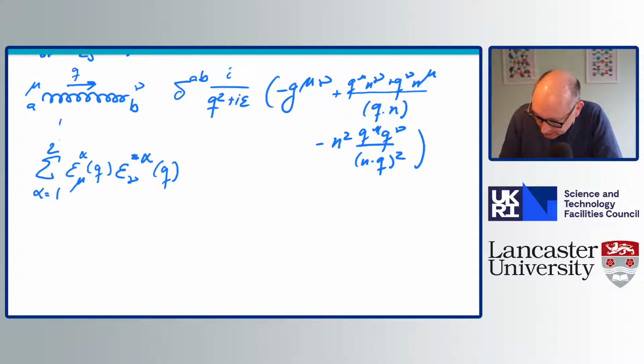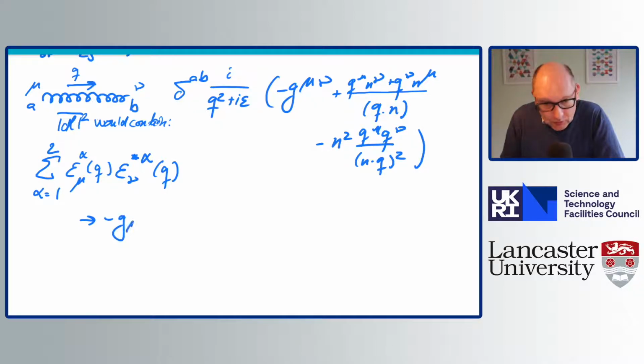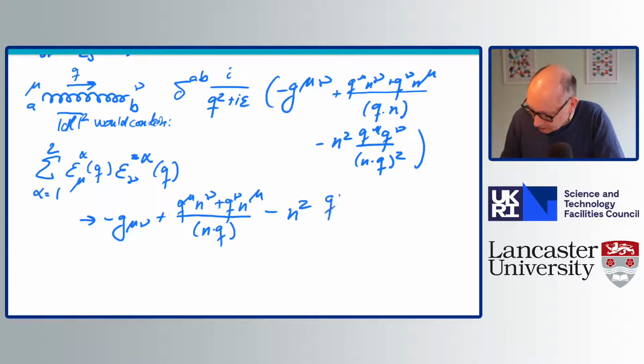When we calculate M squared, it would contain such a sum, indeed if we summed over polarization, and that can be replaced, it turns out, with minus g_μν plus q_μ n_ν plus q_ν n_μ over n dot q minus n squared q_μ q_ν over (n dot q) squared.